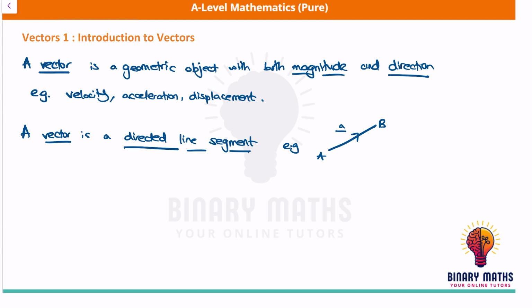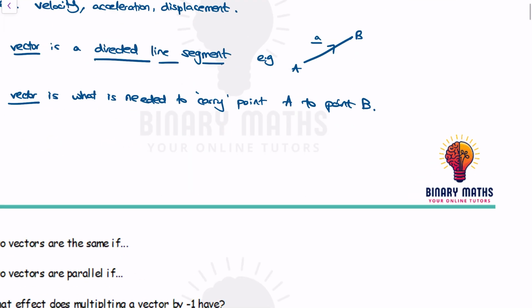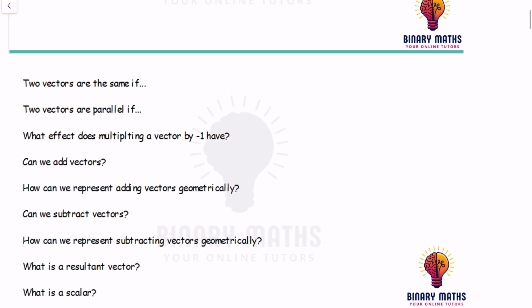A vector is also what is needed to carry point A to point B. So an example of this is when a mosquito is called a disease vector because it's carrying malaria from one person to another. Okay, so that's the definition of a vector. And there's some other facts that you need to know about vectors that I'll go through.